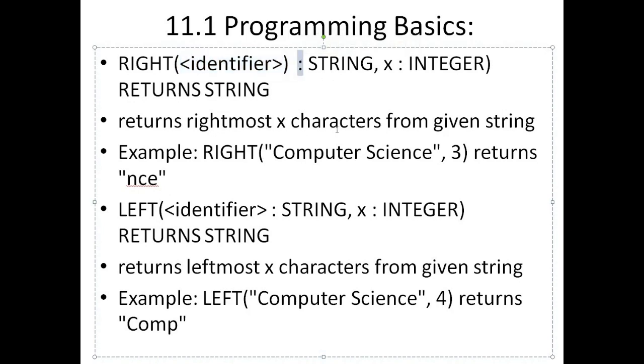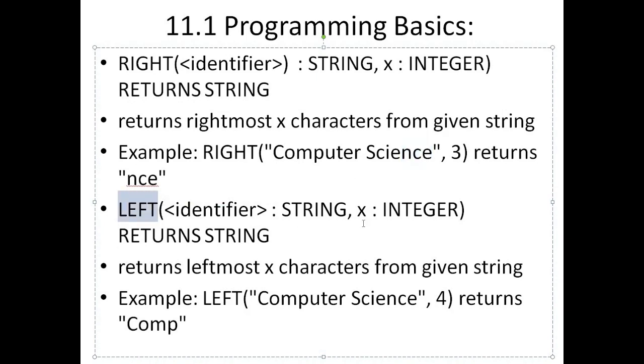So you provide a string and then a comma, and then an integer value, so that from the right hand side, for example, RIGHT("computer science", 3) would return 3 characters from the right hand side. These 3 would be returned.